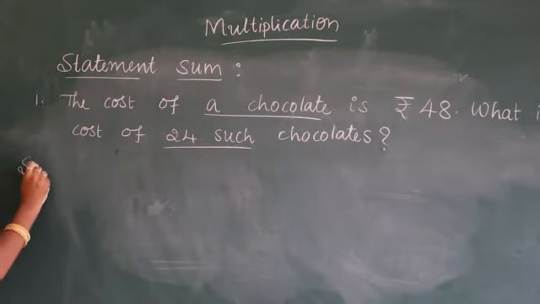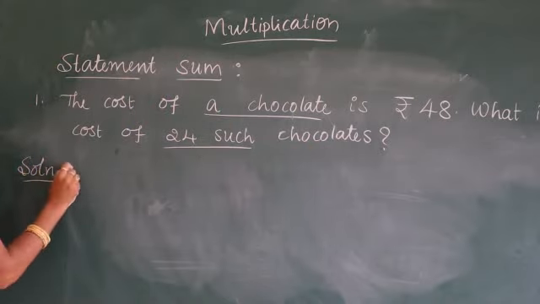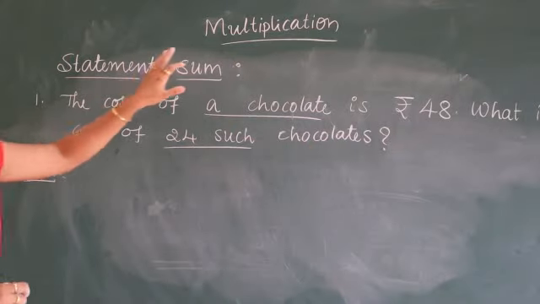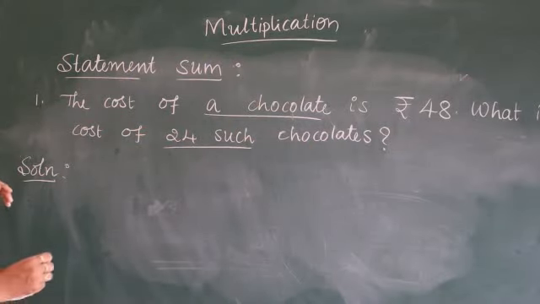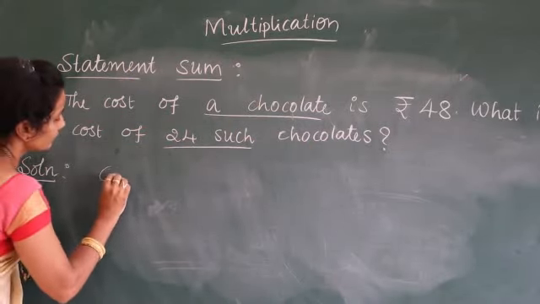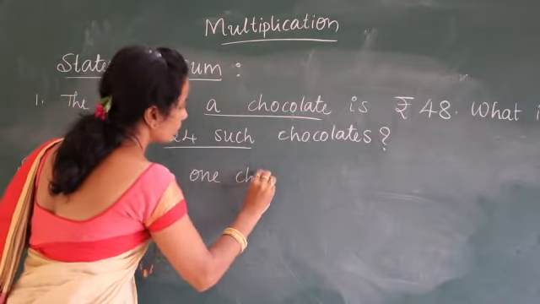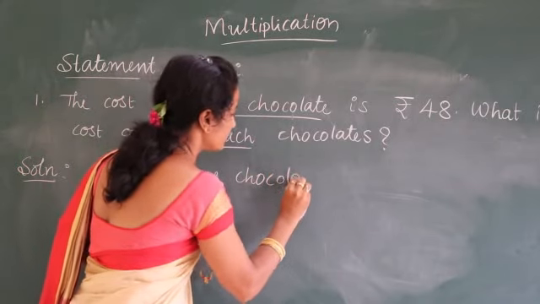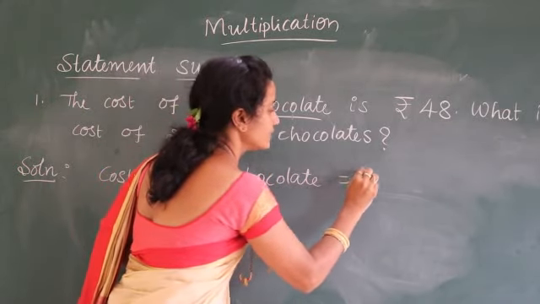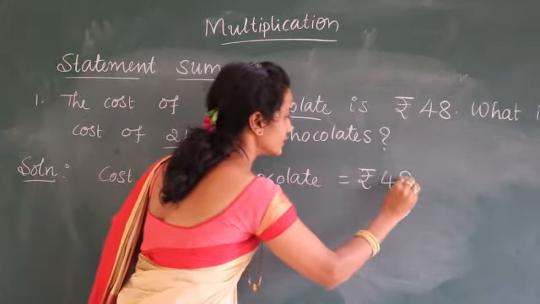So first let us write the data from the question. What is given in the question, let us write as a statement. So cost of one chocolate is rupees 48.